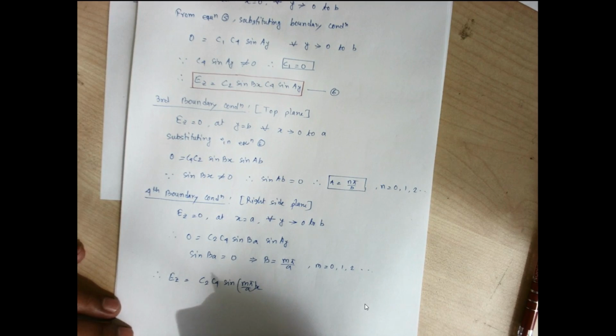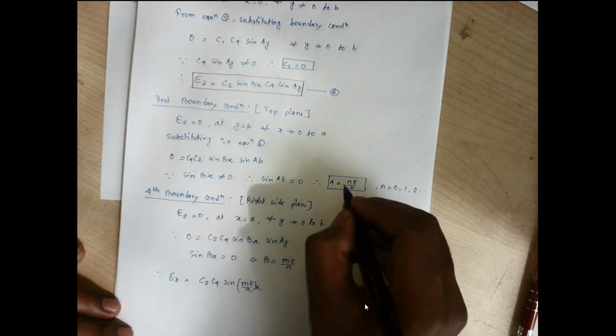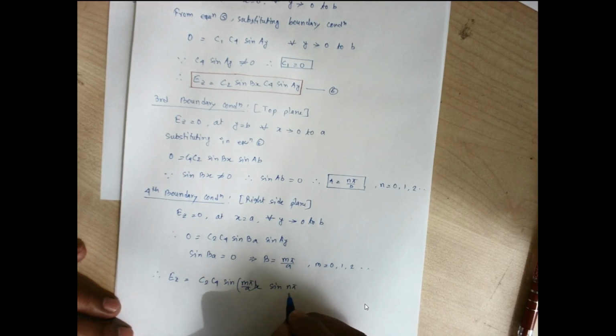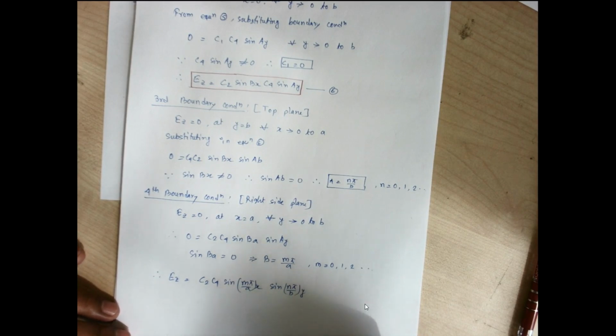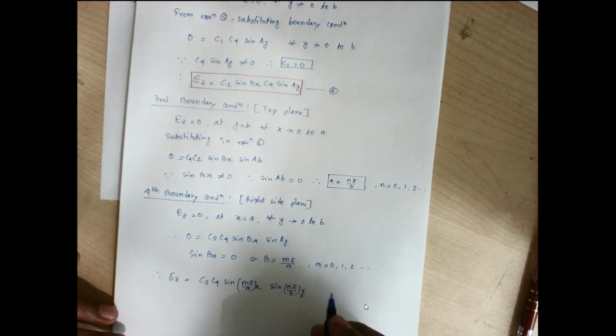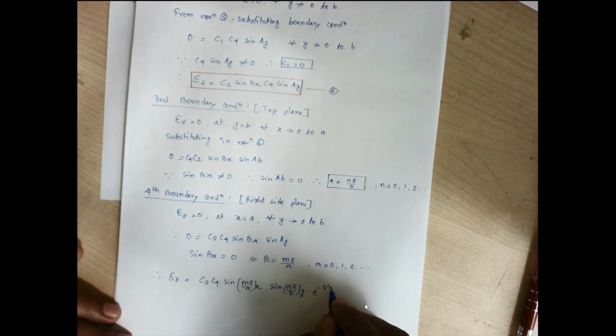Then we are having our a, it is sin n pi by b y. It is propagating along z direction, e to the power minus gamma z we have included, and it is also having time variation e to the power j omega t.